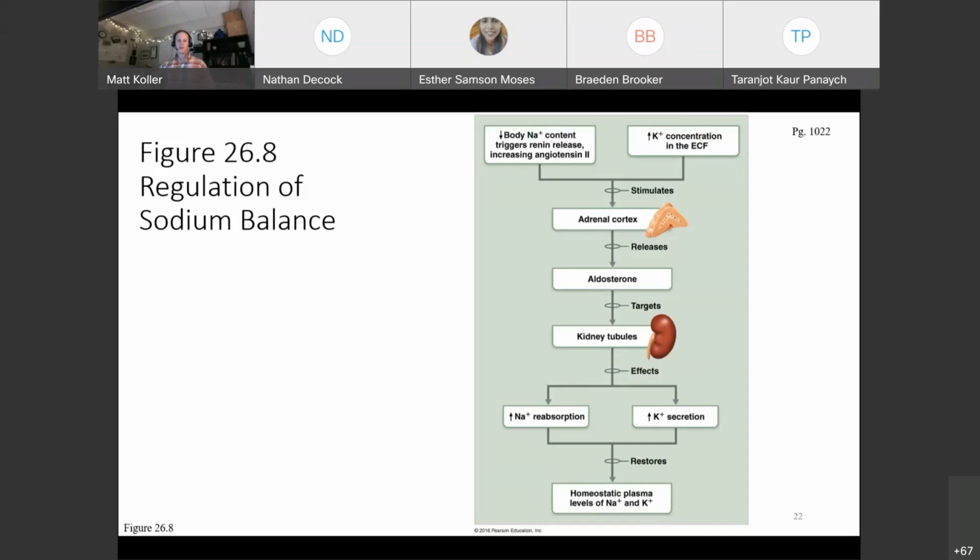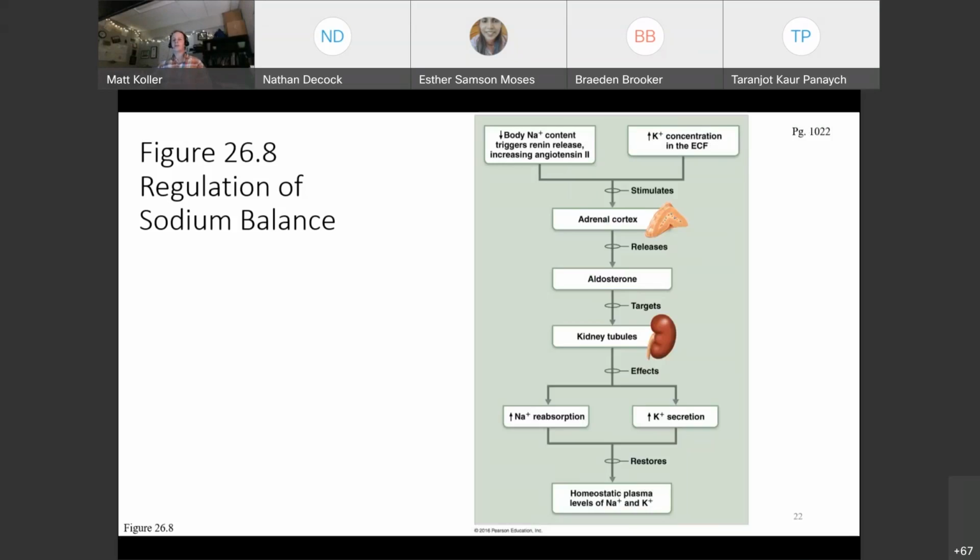Renin helps promote the production of angiotensin 2. This releases aldosterone from the adrenal cortex, which is on top of the kidneys, and results in increased sodium reabsorption and increased water retention. Aldosterone release is also triggered by elevated potassium levels in the extracellular fluid.